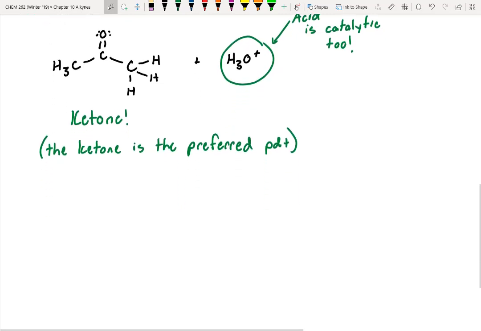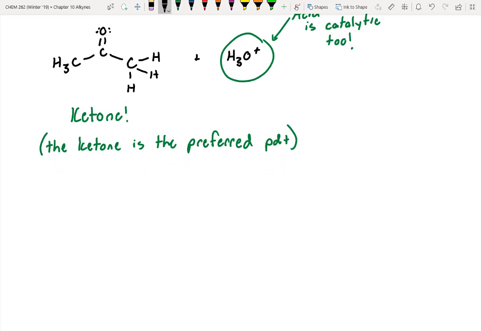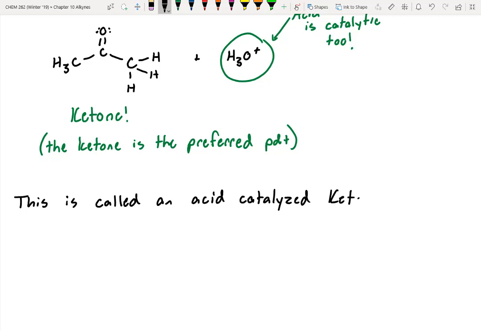This is called the keto-enol tautomerization. Specifically, it's an acid catalyzed keto-enol tautomerization.